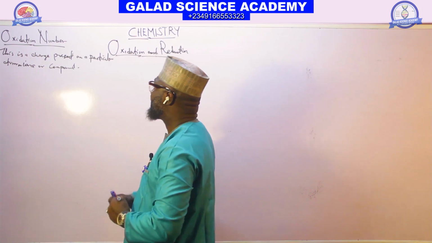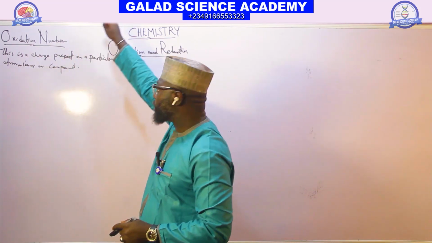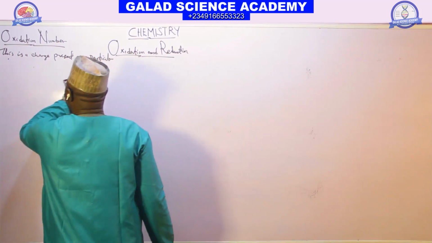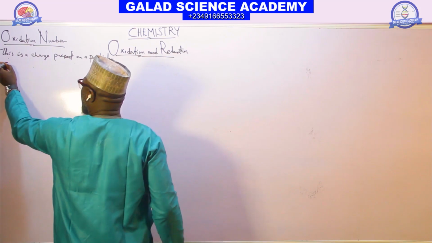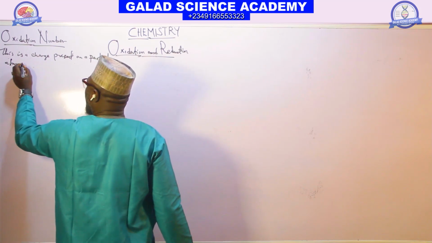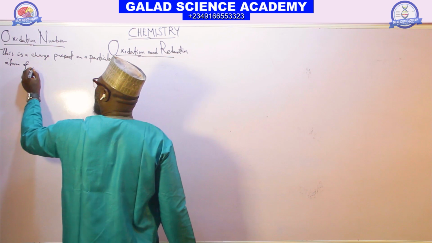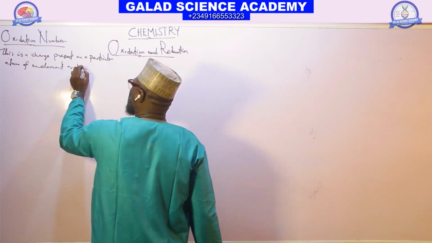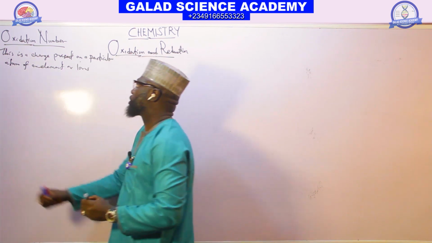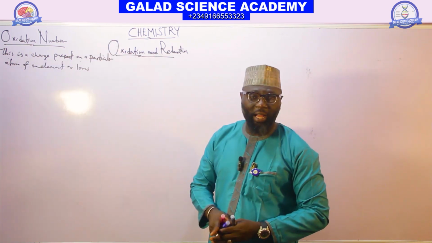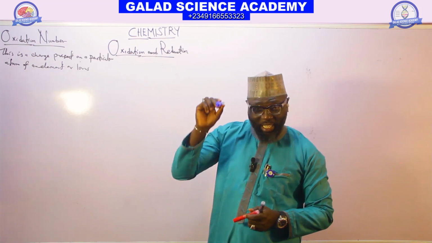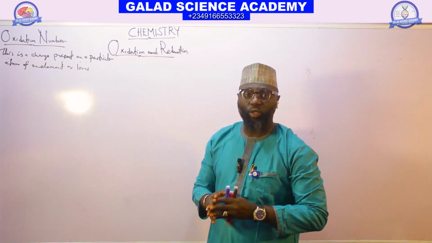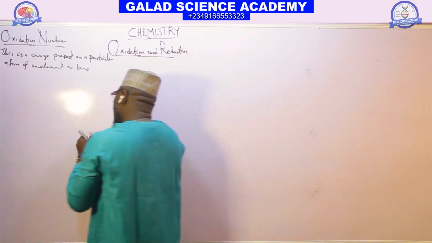So the charge present on a particular atom or ion. Let me remove compound. On a particular atom of an element or ions is called what? Oxidation number. The charge that is present on a particular atom or ion is called oxidation number.